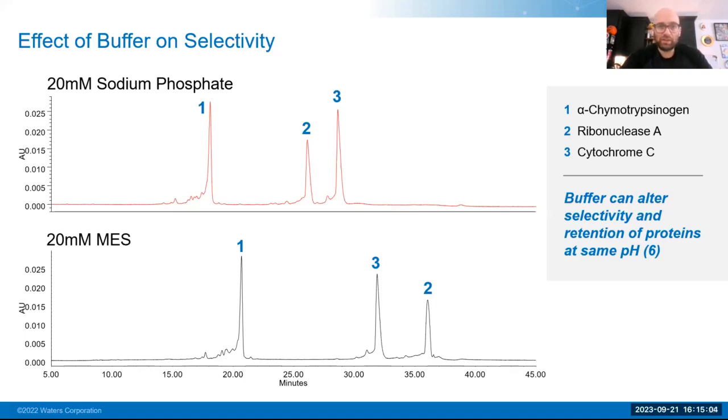And what you'll see is that the specific pKa's and the characteristics of these individual buffers will significantly alter not only the separations between all three peaks, either increasing or decreasing, but you also start to see peak swapping that can occur based off of differences within the buffers themselves.